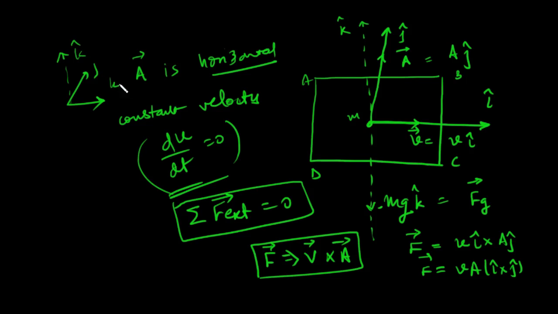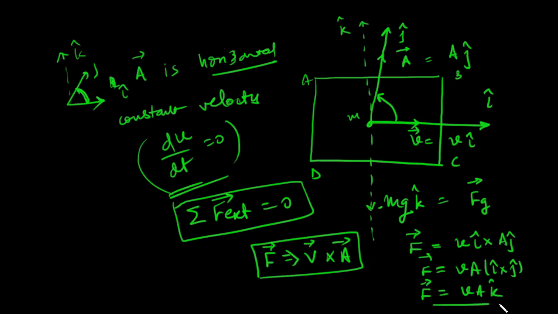The right hand screw rule states that we should move anti-clockwise, and the direction in which the thumb points gives the direction of the resultant vector. So if I am doing i cross j, I have to move anti-clockwise, so it will give the above k, positive k. This means F is equal to vA k.